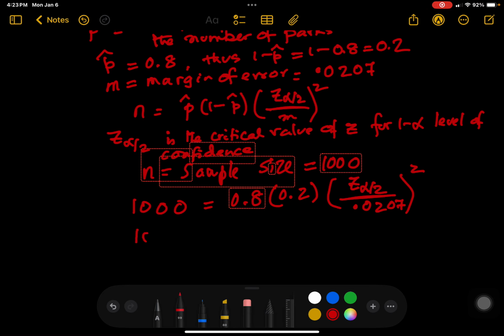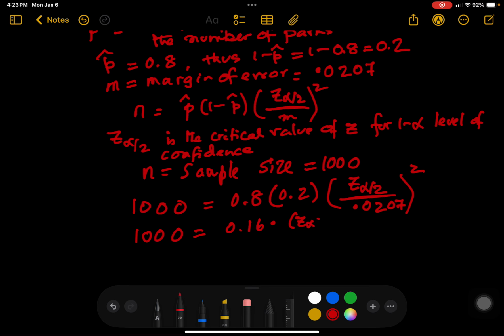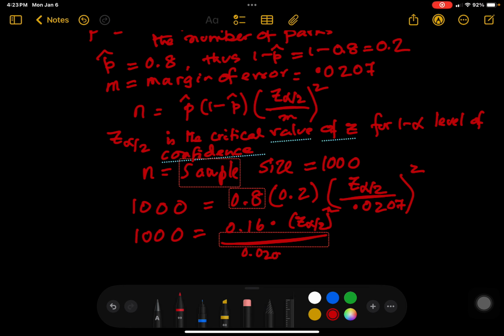Or 1,000 equal to 0.8 times 0.2, which is 0.16, times Z alpha by 2 squared, and the whole thing is divided by 0.0207 squared.